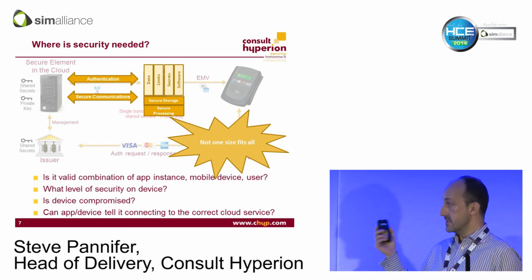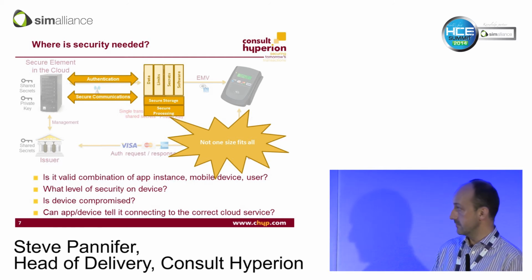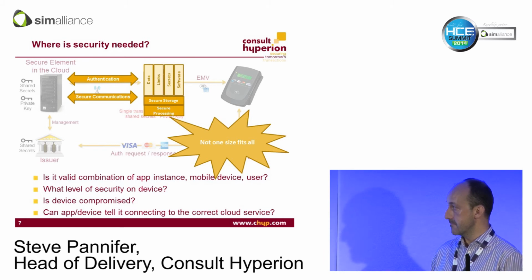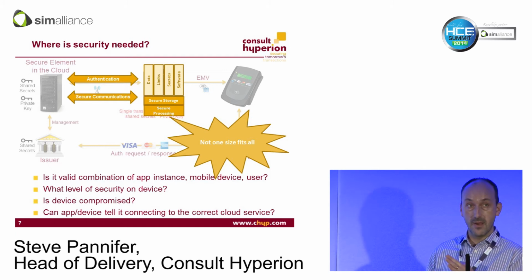And then obviously this device is going to be communicating to the cloud, to the issuer, to the management system in the bank. There's a need to think about authentication. So firstly, how does the cloud know that this is the correct device, that it's the correct user, that the app's correct, that those 3 are a valid combination, all those sorts of things. And actually it's the other way around as well.